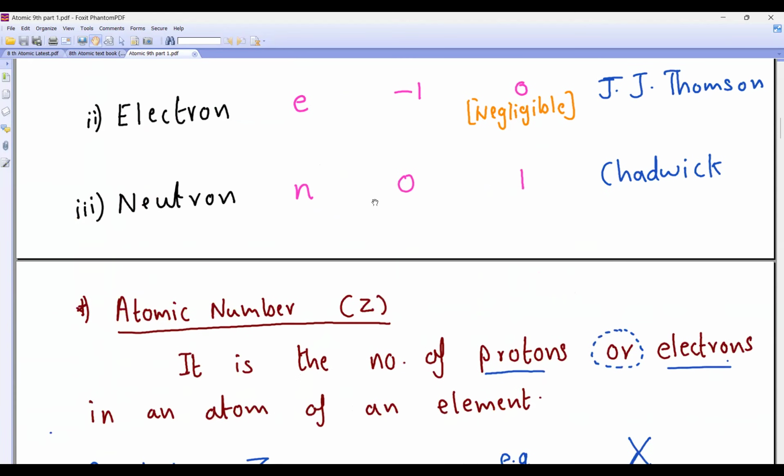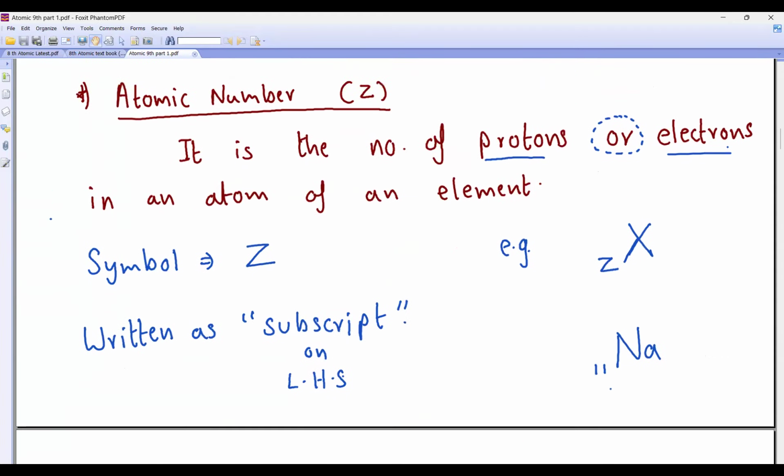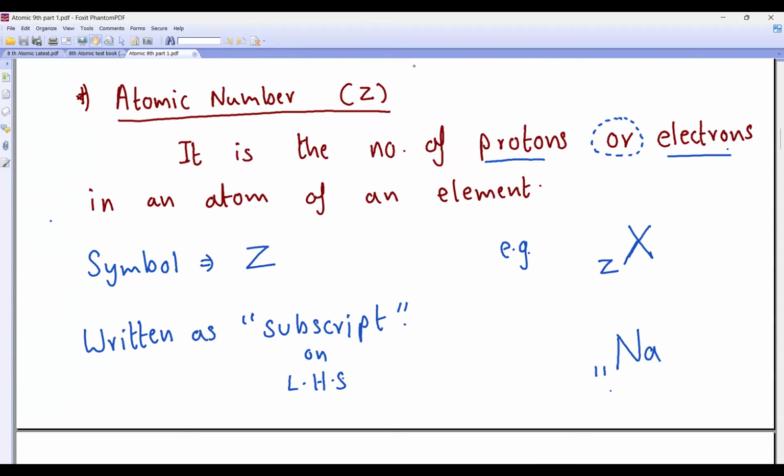What is atomic number? Atomic number is the number of protons or electrons in an atom of an element. What is the symbol for atomic number? Z. It is written as a subscript on the left-hand side.